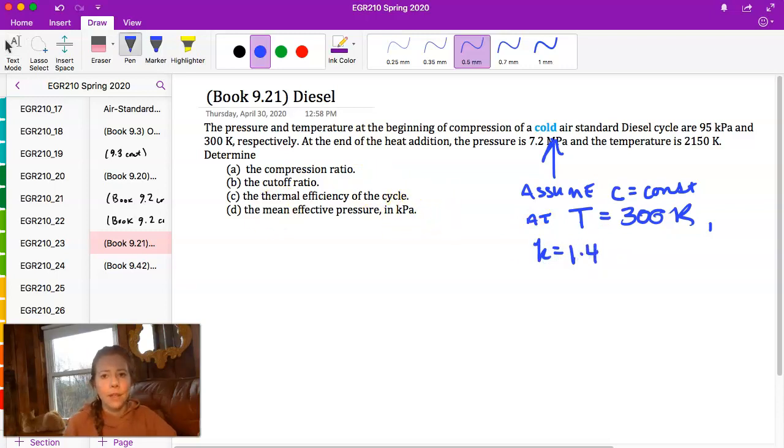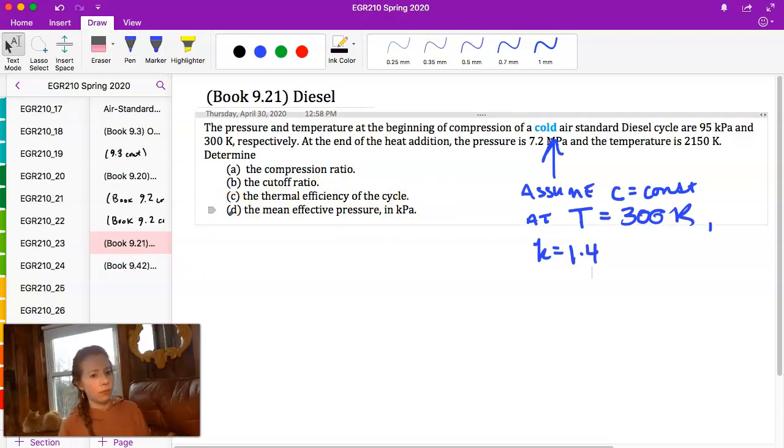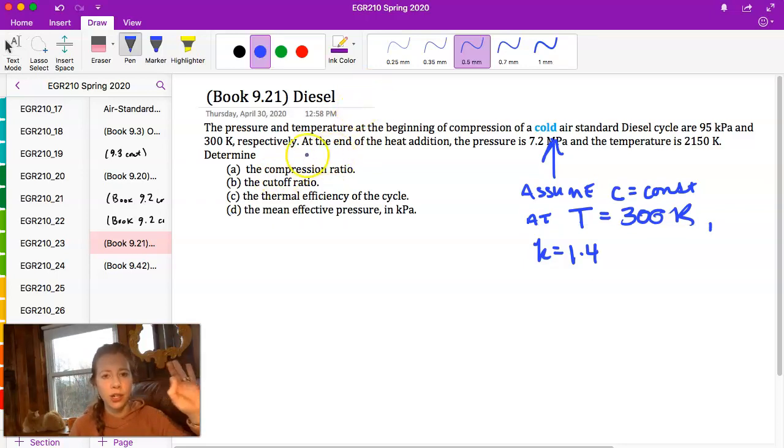Okay, so then rather than using the ratios, the v_r and p_r, to find the compression ratio and the cutoff ratio in the tables, so you don't have to go to A22 to do that. You can do it using k, and I'm going to show you how to do that here.